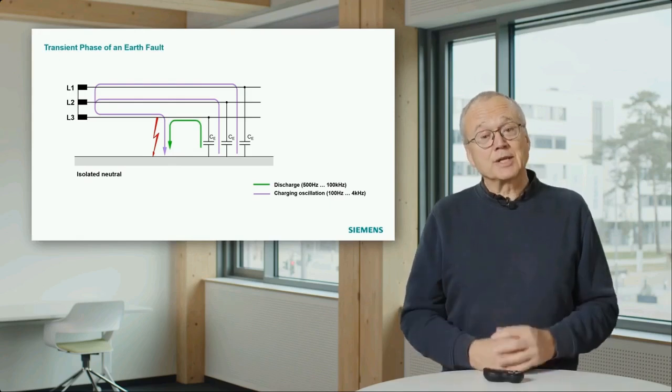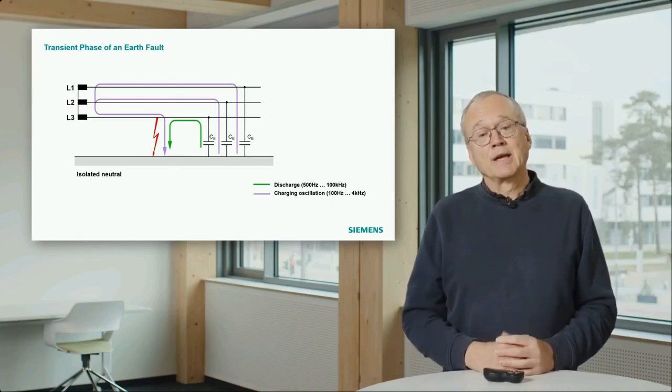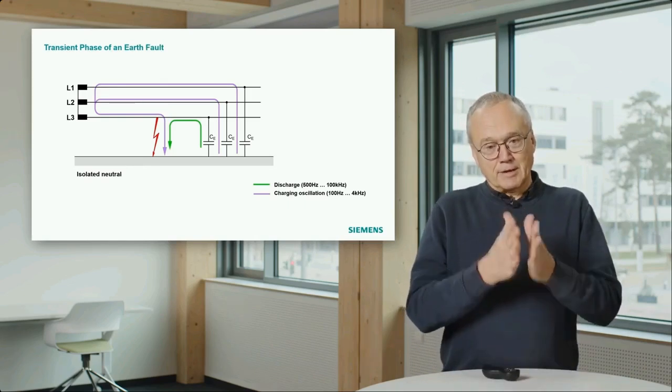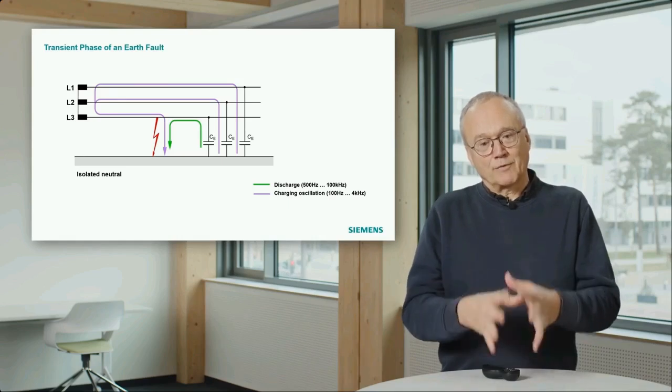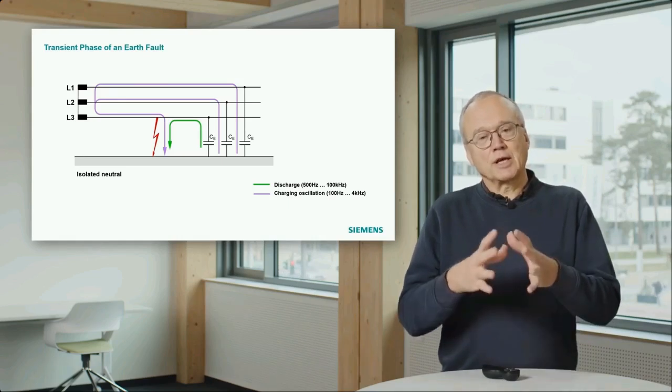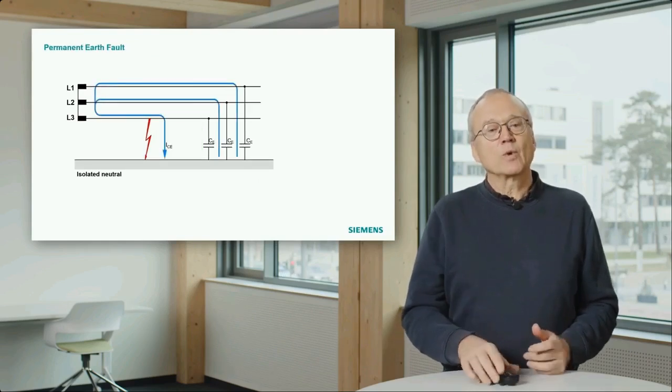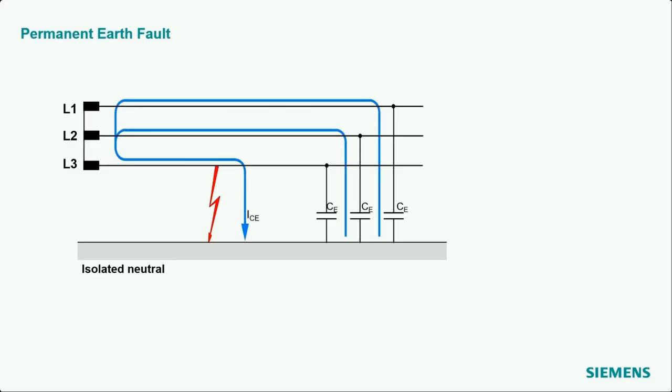It's again an oscillation, here in purple color, and this oscillation has a lower frequency. That means if the fault happens, we have the discharge, the green oscillation, then the purple oscillation, and after that we have this situation with a permanent earth fault, and it's important to have a certain understanding what's happening there.